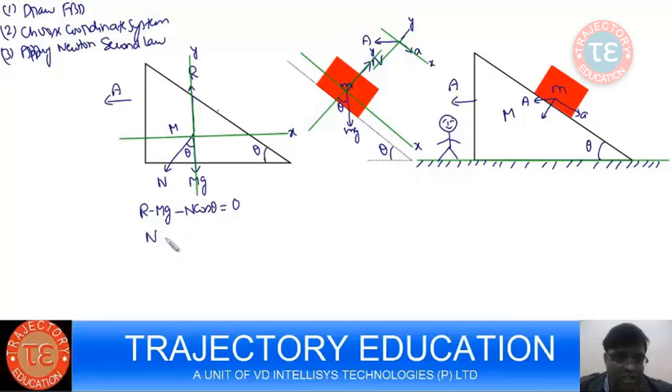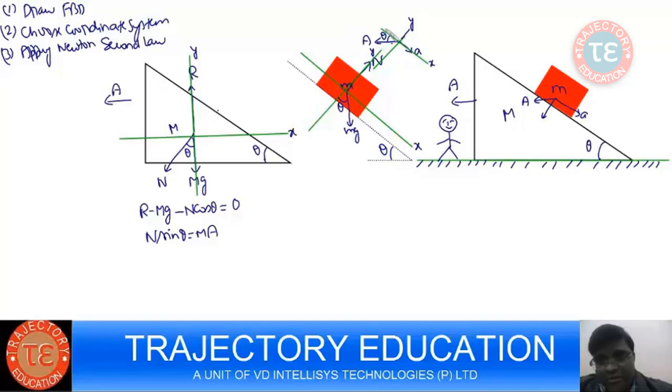What is the net force in backward direction? The net force in backward direction is N sin theta, and that should be equal to mass into acceleration. Here the net acceleration in x direction is going to be small a minus capital A cos theta.